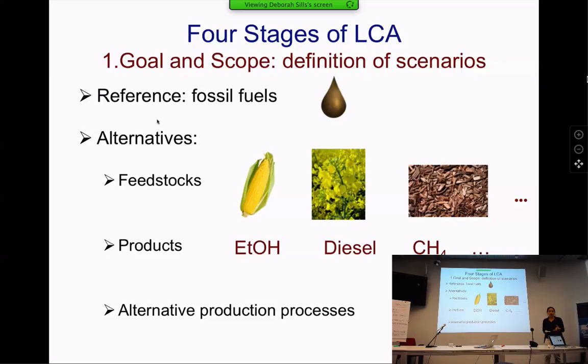So in our first paper on algae, we actually converted algae to diesel via 2 different processes. One was transesterification to biodiesel, and one was a hydrothermal process to a green crude. But again, this is something you decide when you're setting up your model. Do you want to do all these feedstocks and all the products, or do you want to stick to one product and one feedstock? It really depends on your study, your audience, the whole purpose. So there's not really a rule for that.